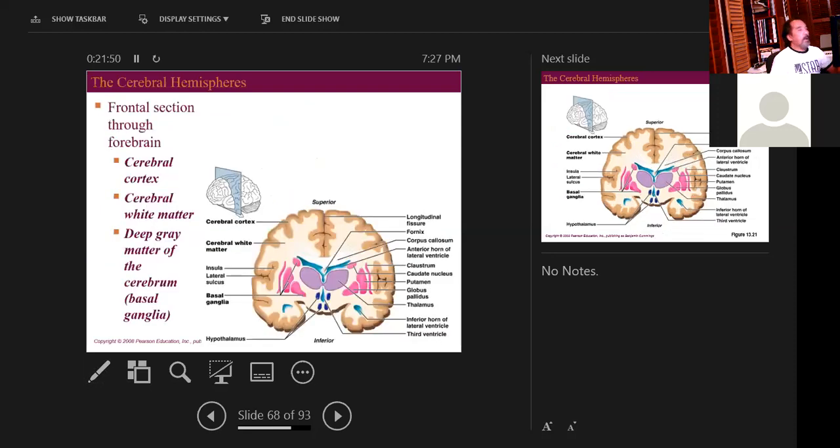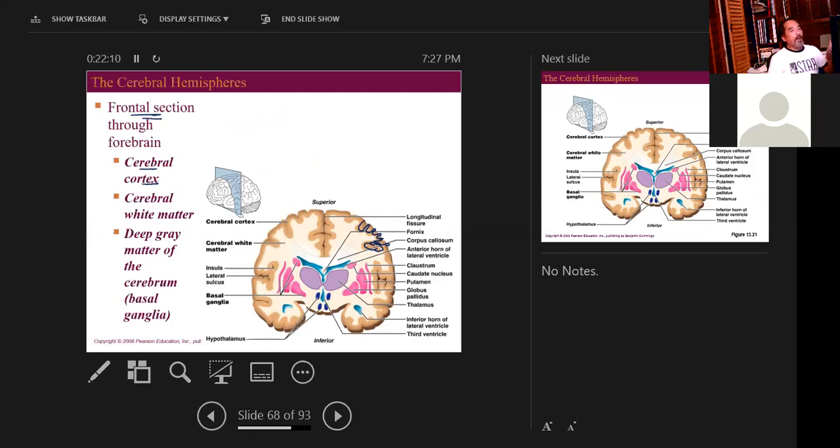All right, so the cerebral hemisphere through a frontal section, okay, we see the cerebral cortex. That's the gray matter that you see outside. All this gray matter is made out of cell bodies, okay? Remember, we saw the spinal cord, which has gray matter in the middle and white matter outside.